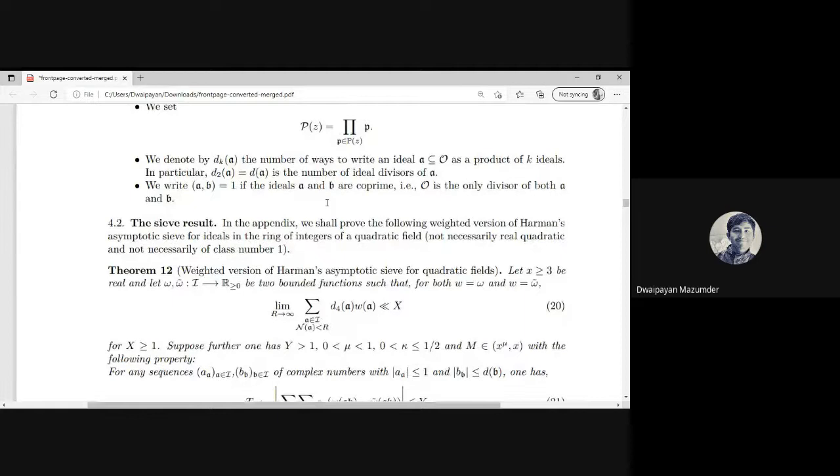Now, what is the sieve result? The sieve result is very big, so I just want to do a little cutoff. Whenever you have weight functions that satisfy some relation like 20, where x is greater than 1, y is greater than 1, mu is between 0 and 1, kappa is between 0 and one half, and m is in the open interval between x^mu and x.